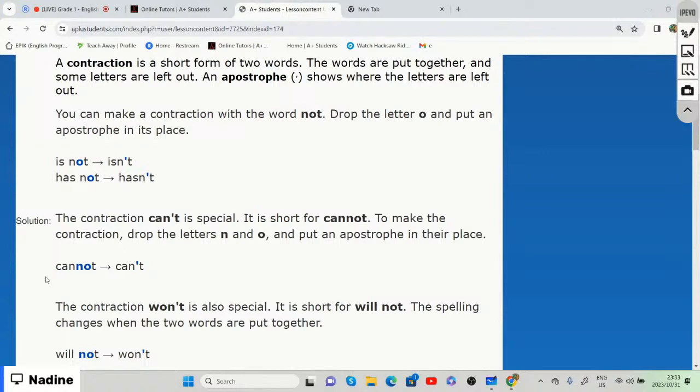Then also we have the contraction which is can't. The contraction can't is a bit special.